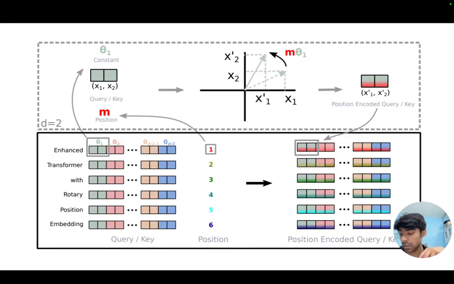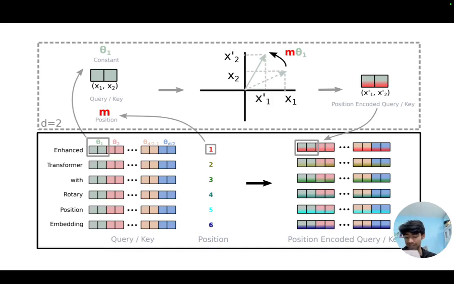What they say is that it encodes the absolute position with a rotation matrix, and meanwhile incorporates the explicit relative position dependency in the self-attention formulation. I have written some notes to make things easy for you, and I am going to give you a website where you can test this whole RoPE thing and see how it works visually, because when we understand things visually, it helps us a lot in understanding the complex part in smaller segments.